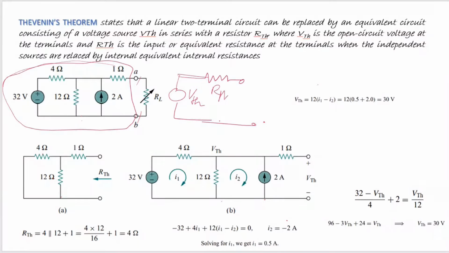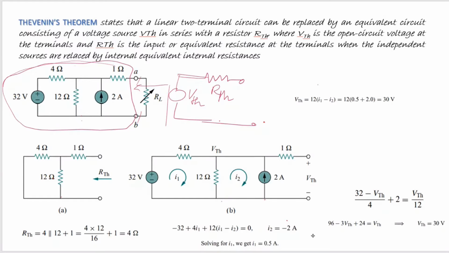VTH is the open circuit voltage that is measured across A and B terminals, and RTH is the total equivalent resistance seen from the terminals A and B. This VTH is called open circuit voltage and RTH is called equivalent resistance.